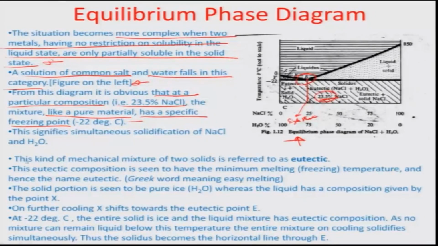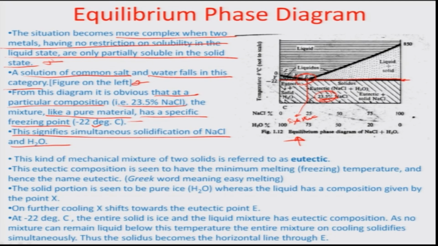So, this signifies the simultaneous solidification of NaCl and water at minus 22 degrees Celsius, right about here. Anything below this line is solid. There is a straight line joining the whole thing, where you can assume that anything below this temperature is always solid phase.